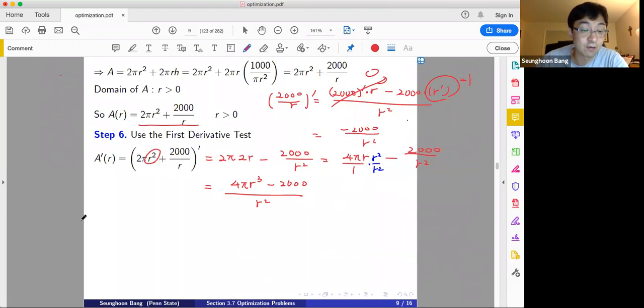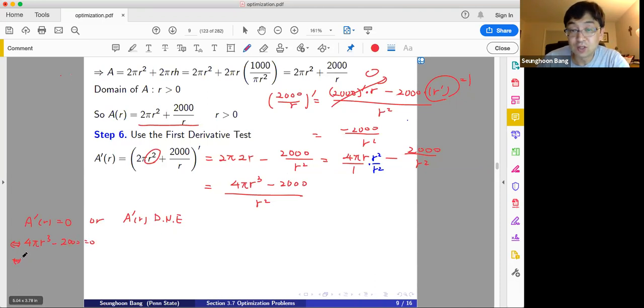So you can solve. A prime of r equals 0 or A prime of r does not exist. A prime of r equals 0 exactly when the numerator equals 0. So we have 4 pi r cubed minus 2000 equals 0.